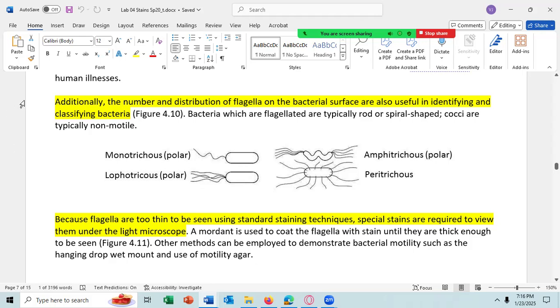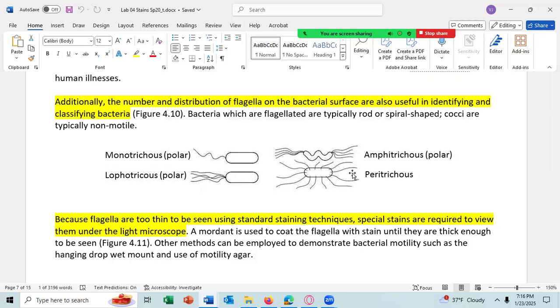And bacteria could have no flagella, in which case it's none. And if there's multiple flagella on one end of the bacteria, it's called lophotrichous. If there's multiple flagella on both ends of the bacteria, then it's called amphitrichous. And if you have flagella all over the bacteria, coming out almost in random position, then it's called peritrichous.